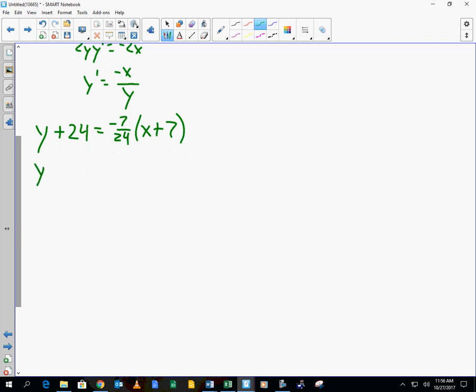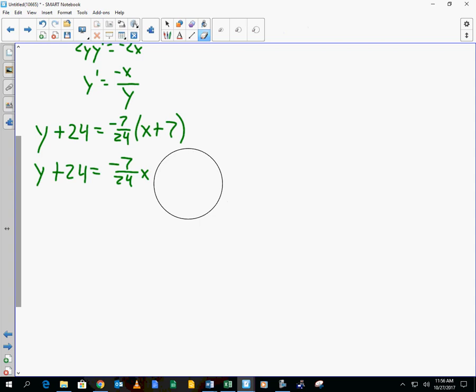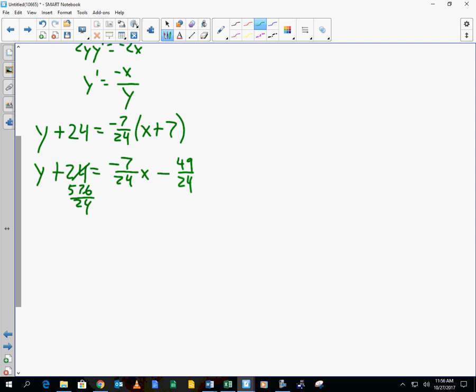Or y plus 24 is equal to negative 7 over 24 x minus 49 over 24. It'd be nice if 24 had a denominator of 24, right? 24 times 24 is 576, a perfect square, right? 576 over 24, you guys know that.